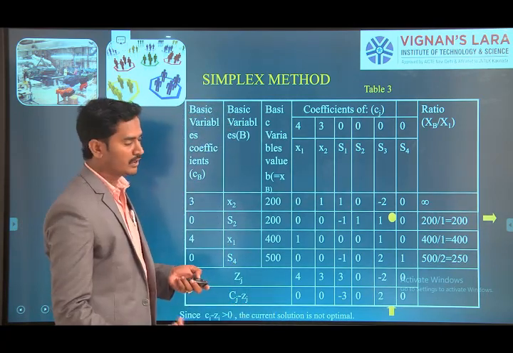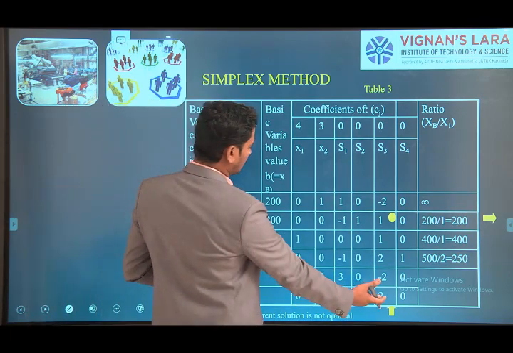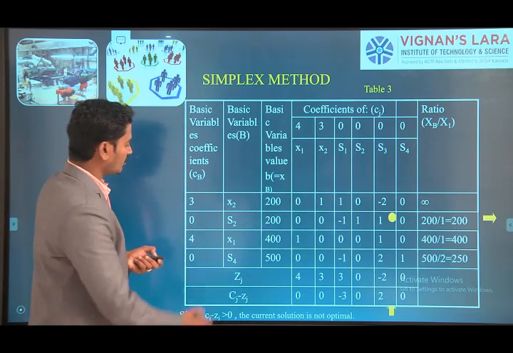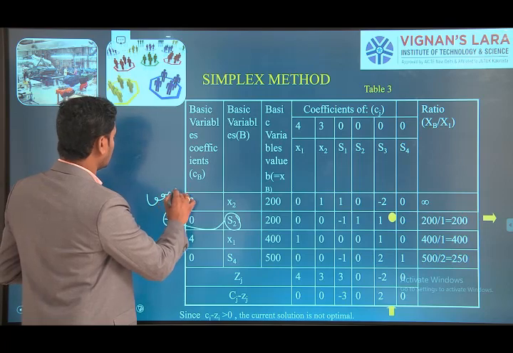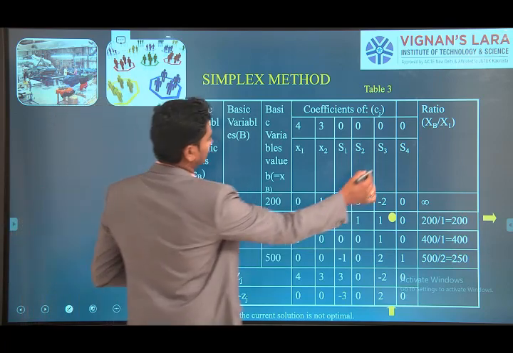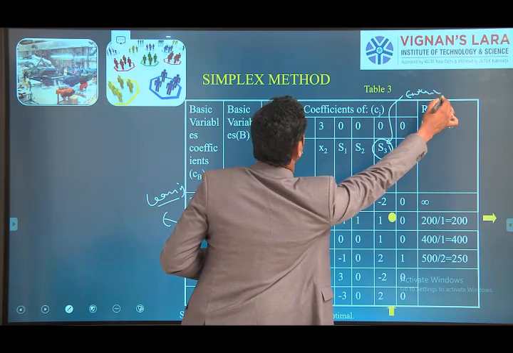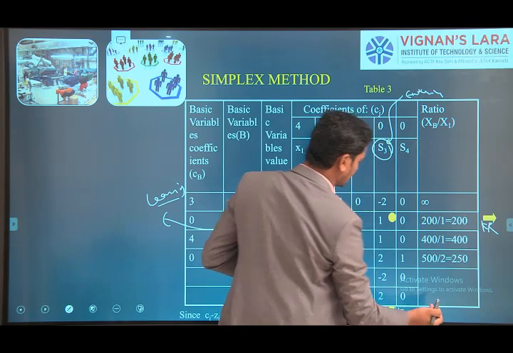That's why again we go to the next iteration by calculating the key row, key column, and key element. In the third case, S2 is the leaving variable and S3 is the entering variable. Here this one is the key row and this one is the key column.